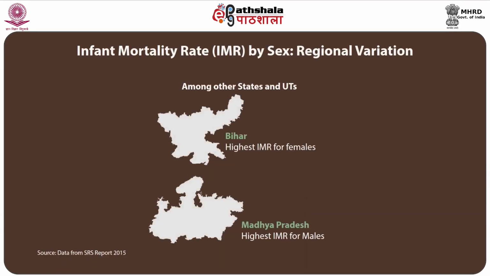Invariably, IMR is higher for females compared to males in many states of the country. There are exceptions, but these are few, like Himachal Pradesh. Among all the states and union territories, Bihar reported almost the highest infant mortality rate for females, while Madhya Pradesh has reported the highest infant mortality rate for males.